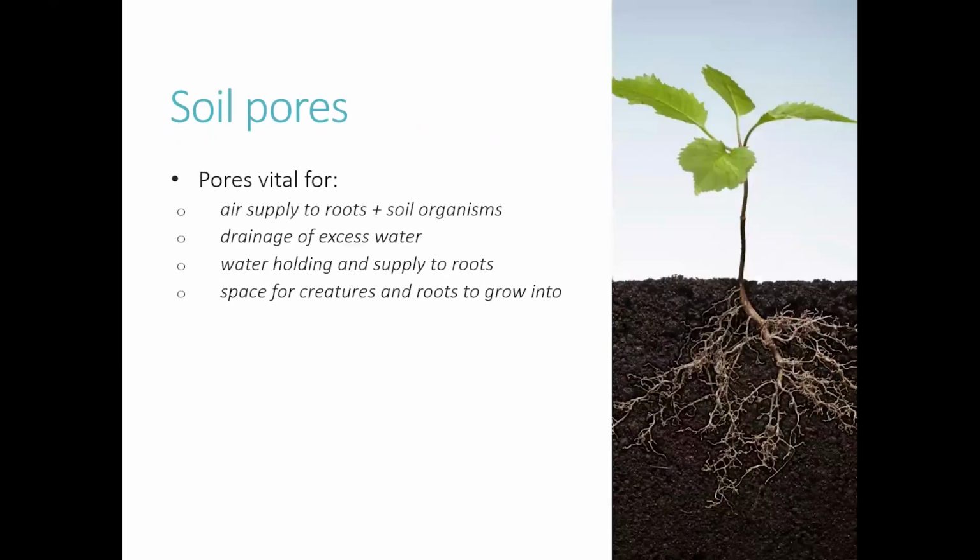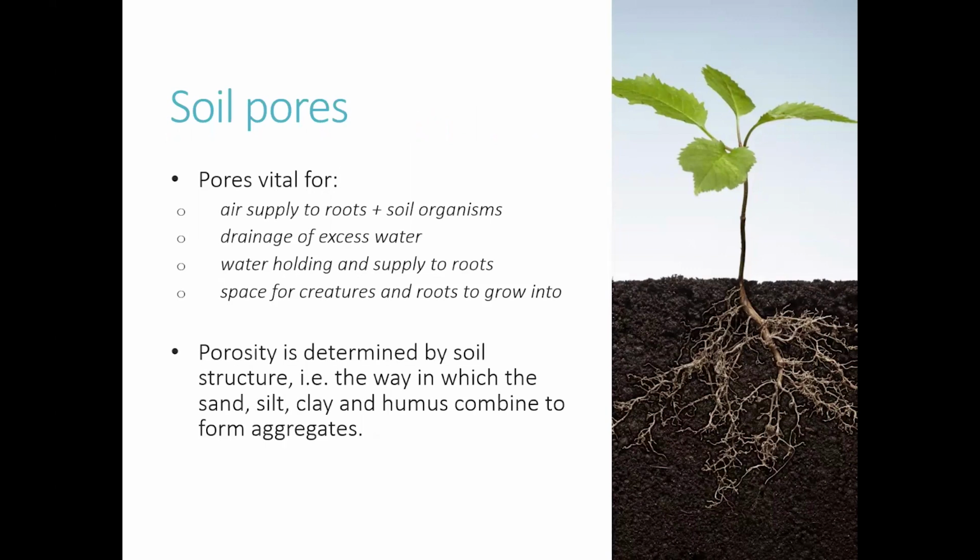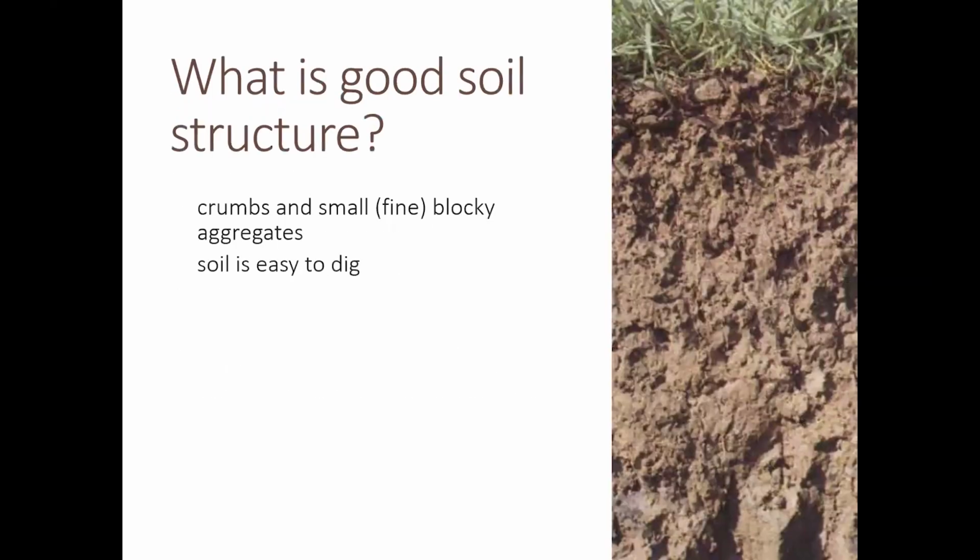These pores are vital for air supply to roots and to the bugs that live in the soil of all sizes, for drainage of excess water, water supply, water holding, and space for both organisms and roots to grow into. And that porosity is determined by soil structure. In other words, the way in which the inorganic particles, the sand, silt, clay, and organic matter, humus, combine to form aggregates. So what is good soil structure?